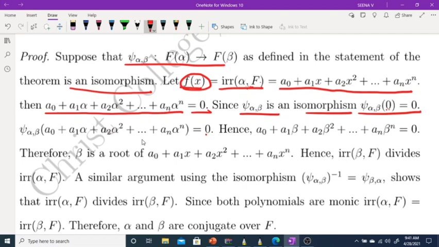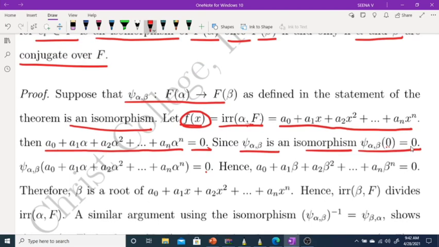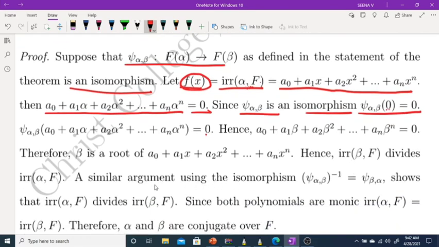By definition, we get a naught plus a1 beta plus a2 beta square plus etc. plus an beta raised to n must be equal to 0. So beta is a root of a naught plus a1 x plus etc. plus an x raised to n.